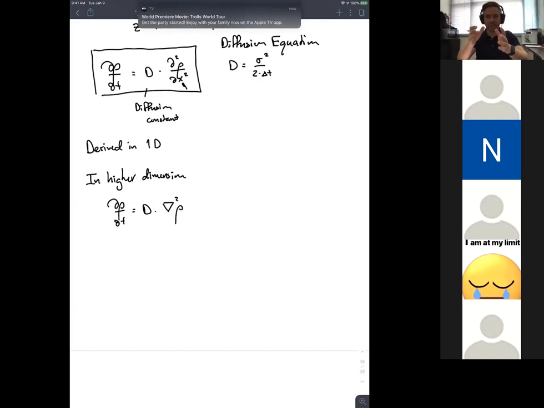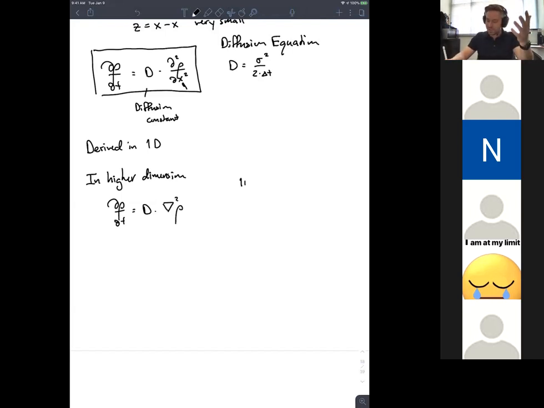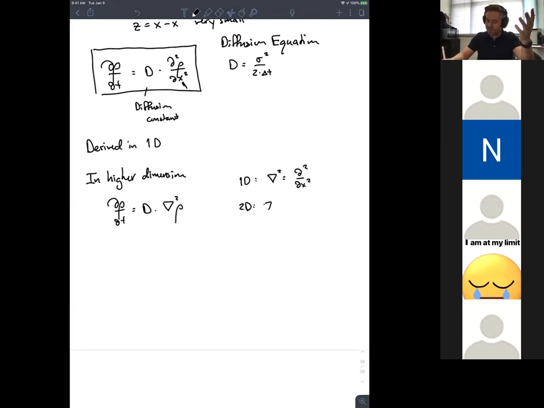The Laplacian is simply a sum of second derivatives with respect to each of your spatial dimensions. In one dimension, the Laplacian is just d squared dx squared. In 2D, the Laplacian is d squared dx squared plus d squared dy squared, and so on and so forth.